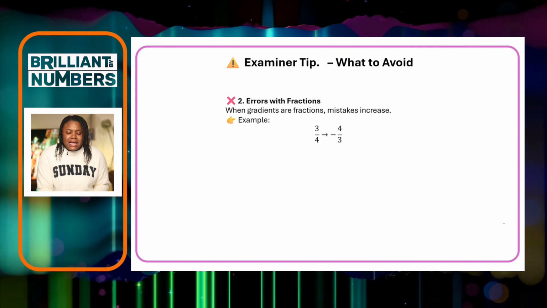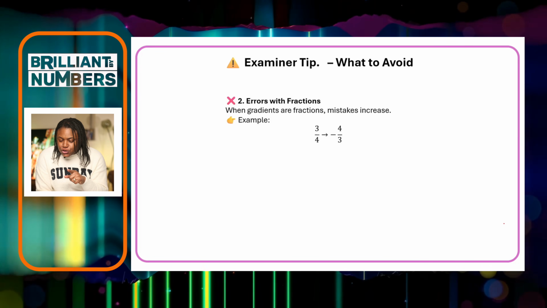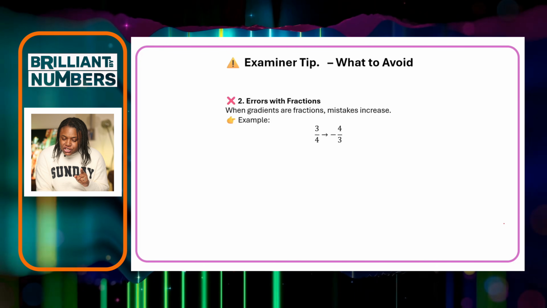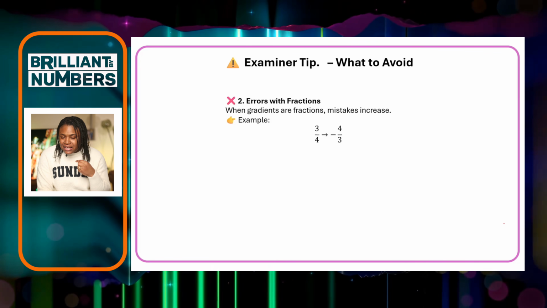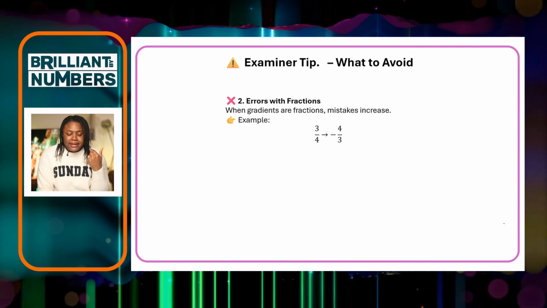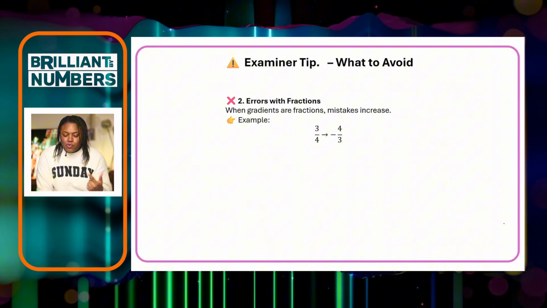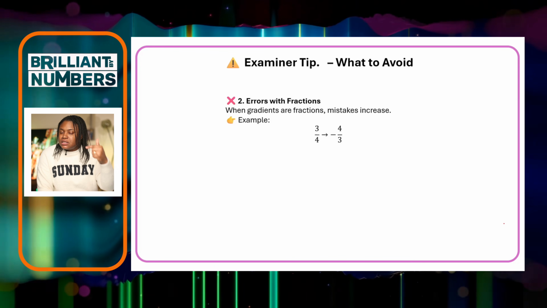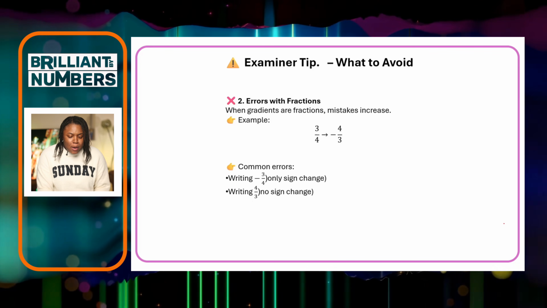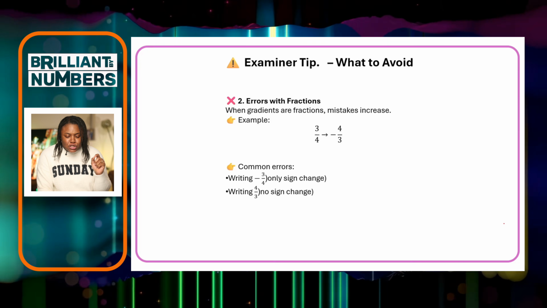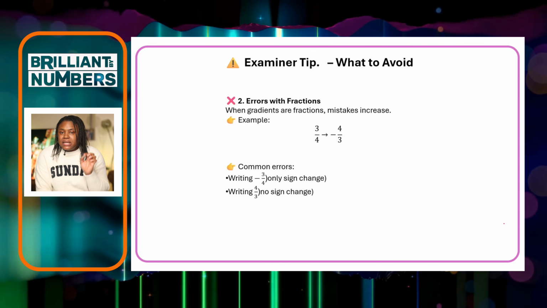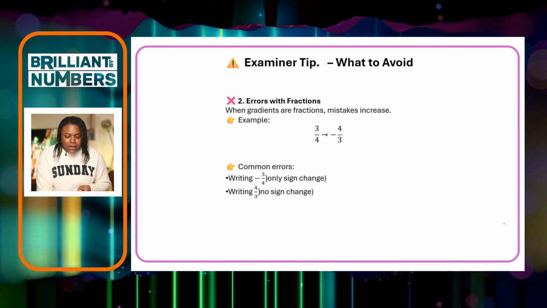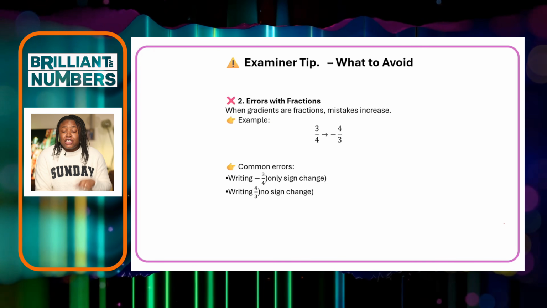Another error is errors with the fractions. When gradients are fractions, the mistakes increase. That's what we see based on research and looking at trends over marking. So 3/4 is going to be minus 4/3. Common errors are writing minus 3/4, only changing the sign and not flipping, or flipping and writing no sign.